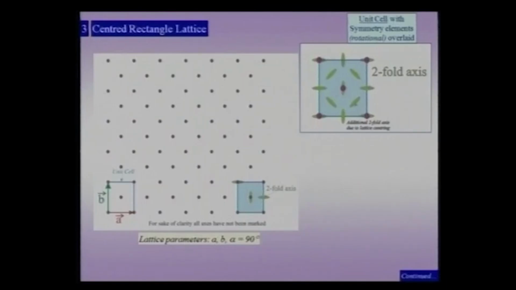So, suppose I take a diagonal and I take half the diagonal, then there is a two-fold operator located exactly at the middle of half the diagonal, or in other words, at 1/4 distance along the diagonal of the rectangle. So, there are additional symmetry operators which come into play when we are describing the centered rectangle lattice, and these additional symmetry operators are important when we actually try to decorate this lattice with a motif which will lead us to the formation of a crystal.